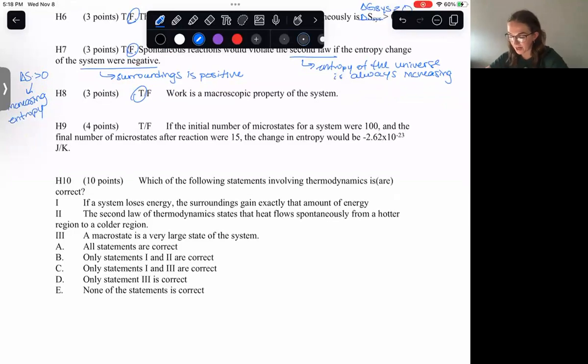Okay, and lastly, question 9. If the initial number of microstates for a system were 100 and the final number of microstates after the reaction were 15, the change in entropy would be negative 2.62 times 10 to the negative 23. True or false, and how did we determine that?